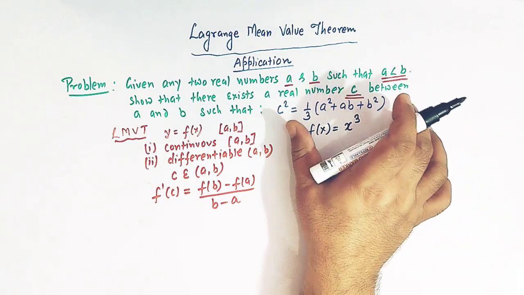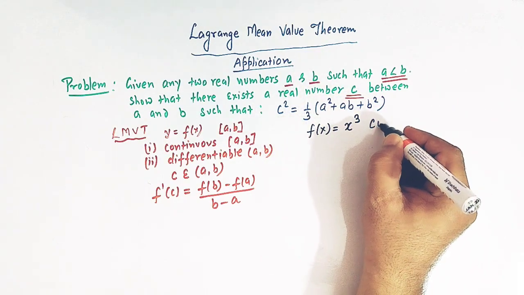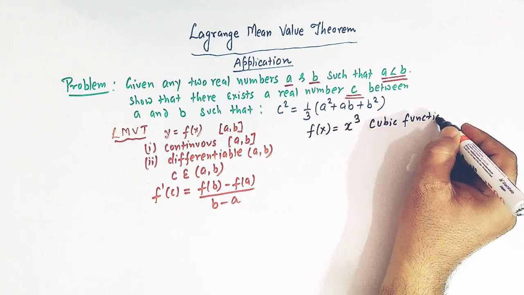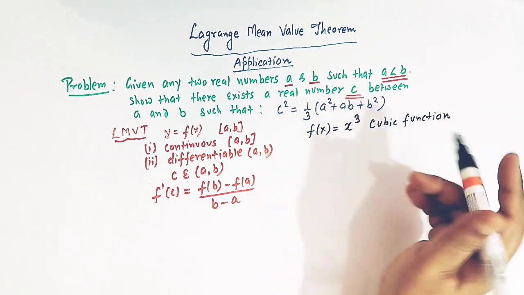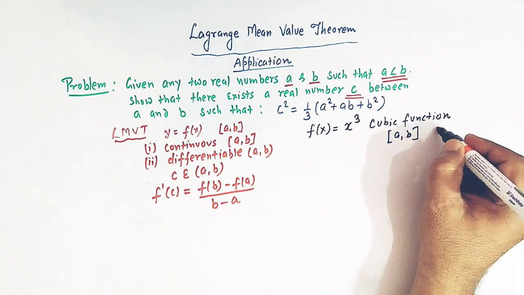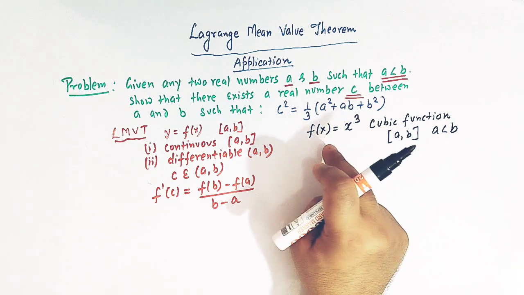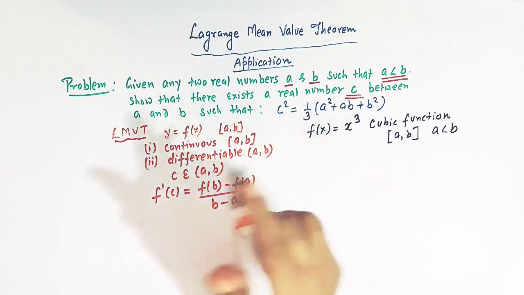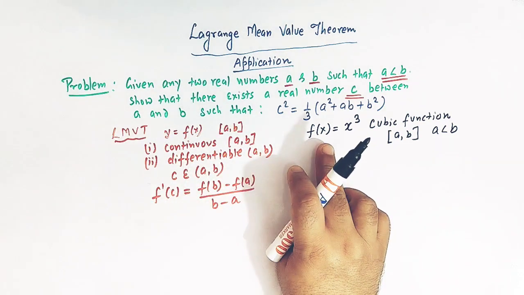In order to solve this problem, let us assume a cubic function, and let us define this function in the interval a comma b, where a is less than b.